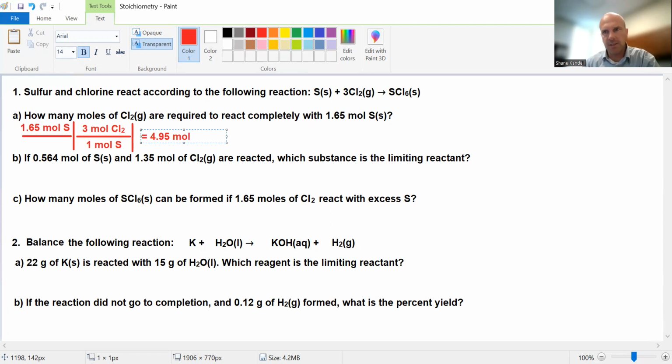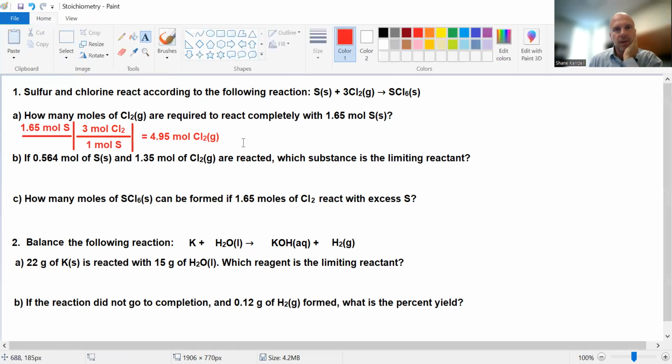And with these ones, it's a good idea to put in the actual species you're looking at. I say that because sometimes if you just put 4.95 mole, because there are a lot of different numbers floating around, different quantities, it may not be clear mole of what, you see.